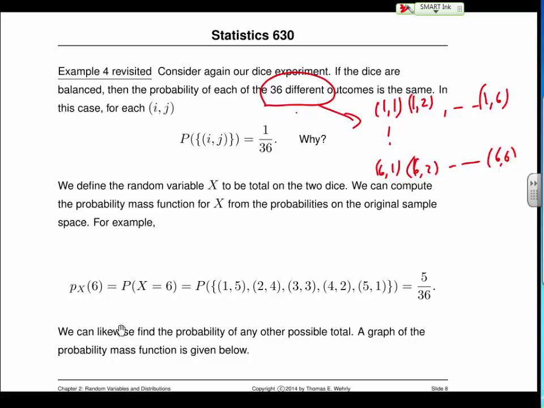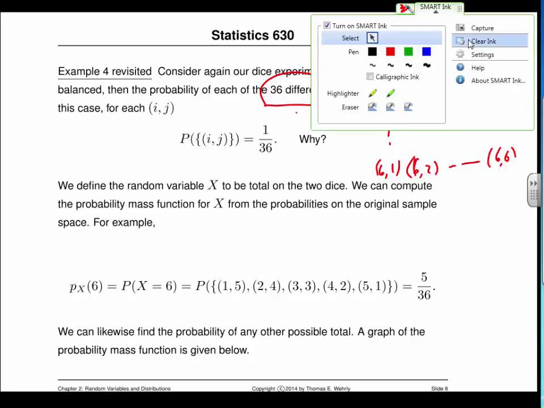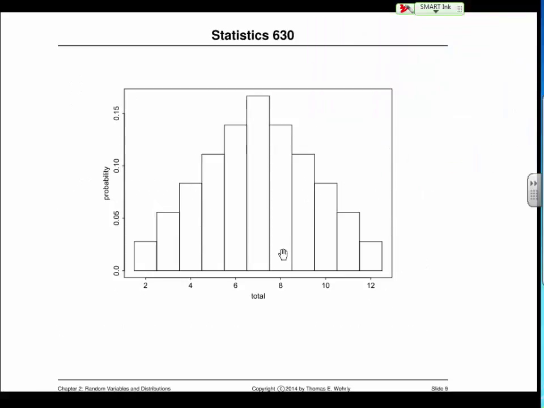Okay, so to find the probability mass function of this random variable, we have to do this for all the possible values, 2, 3, 4, up through 12. And after we do that, we could draw a graph of it, looking on the next page, and we see like here's 6, that's 5 out of 36. Probability of the 7 is 6 out of 36.